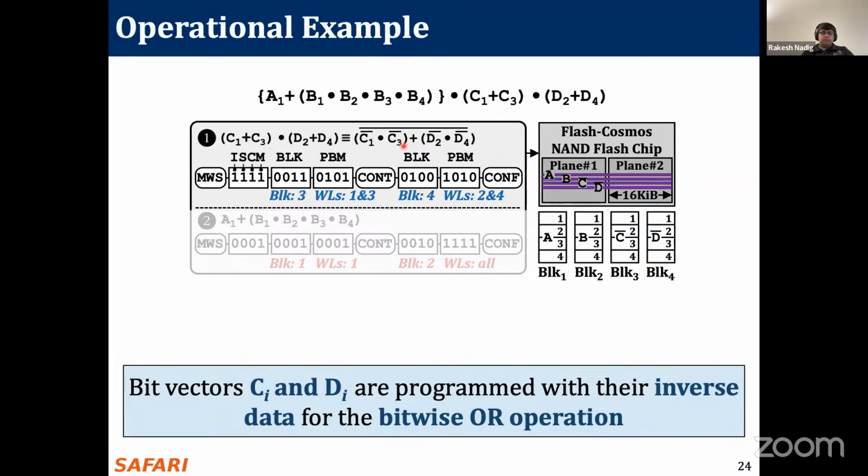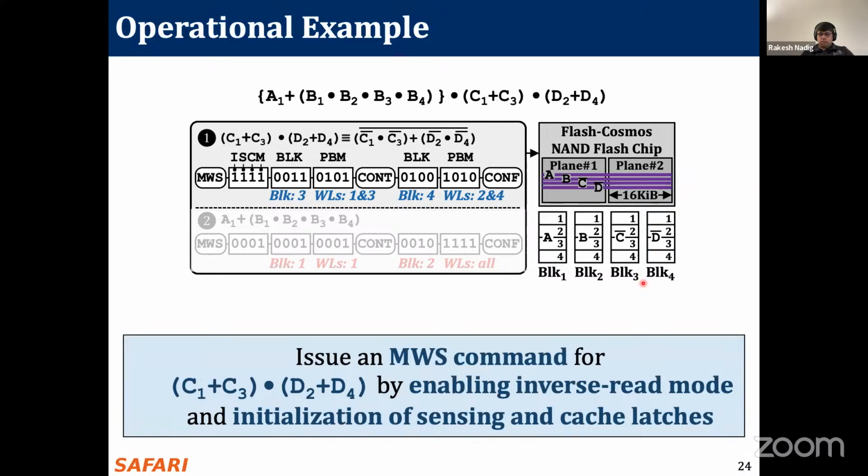As I mentioned earlier, there is a constraint on the number of OR operations that we can perform. So these inverse values of these operands are stored in block 3 and block 4, and we issue an MWS command with the following flags.